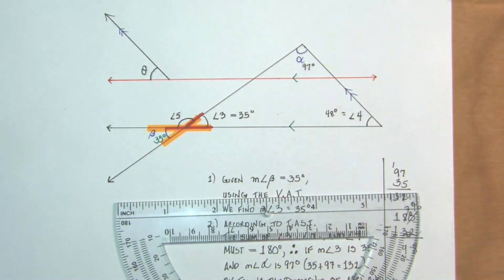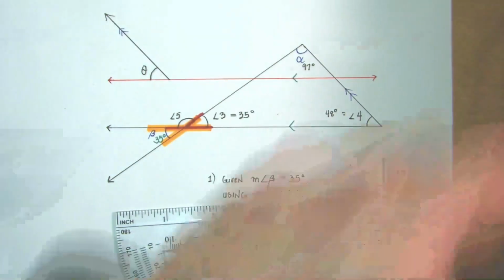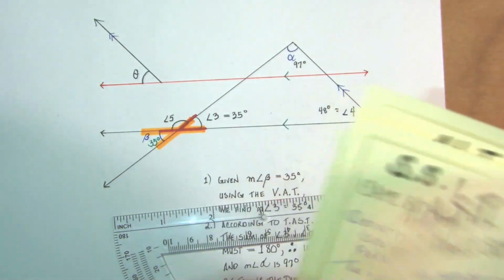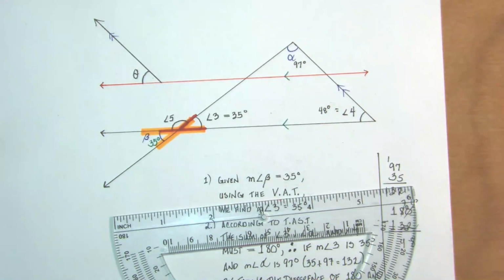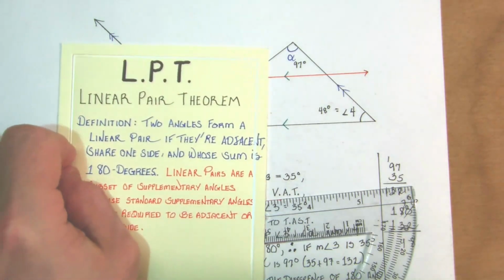There's actually two ways that we could find angle 5. I want to show you both of the ways. I'm actually looking at this now, and there's 3 ways we can do it. So, all right, first we have to find the theorem. Okay, so here's one way we could find it, the linear pair theorem.